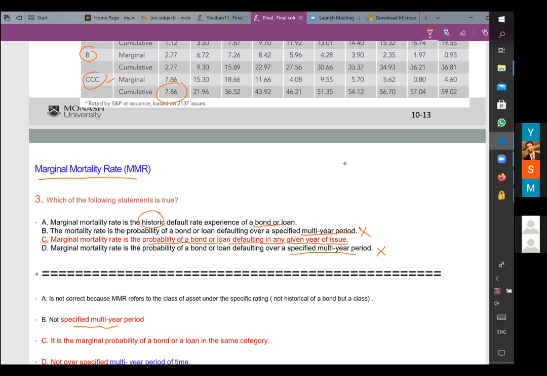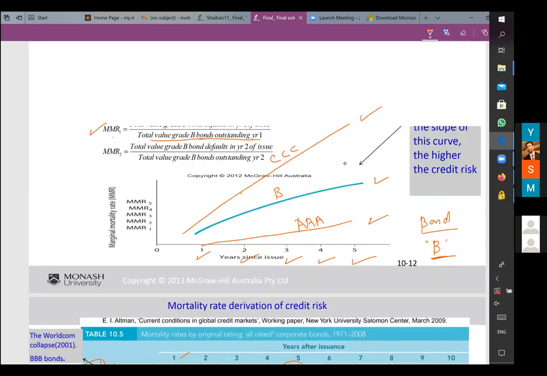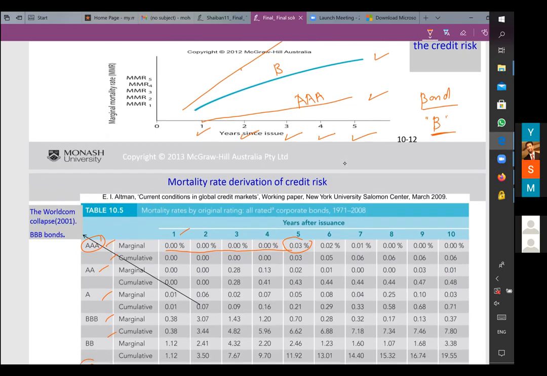This is historical. This is the probability. So when we are going to invest, marginal mortality will give us the probability of the future investing of BBB. Yes, this data is historic data, but it will serve us as a probability. We don't need it as a historic. It will just give us an indication: if I'm going to invest in B, in A, what is the probability of defaulting?